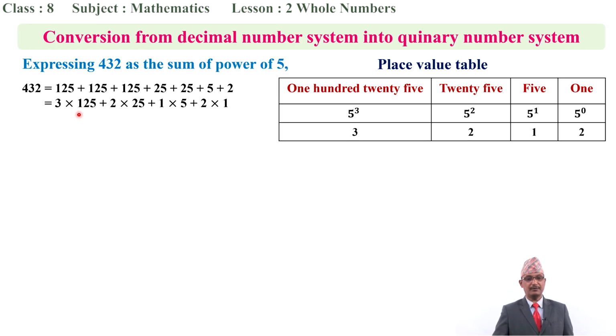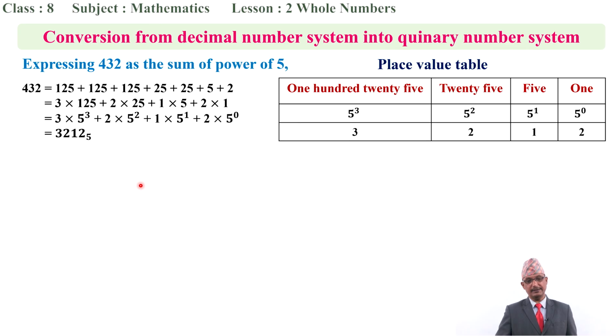So 3 times 125, which is 5 cube, 2 times 25, which is 5 square, 1 times 5 to the power 1, and 2 times 5 to the power 0, which is 1. This gives 3, 2, 1, 2 with base 5, equal to 432 of decimal number system.